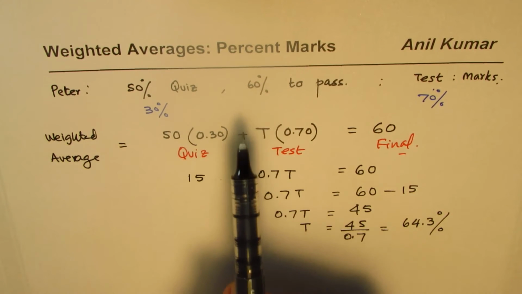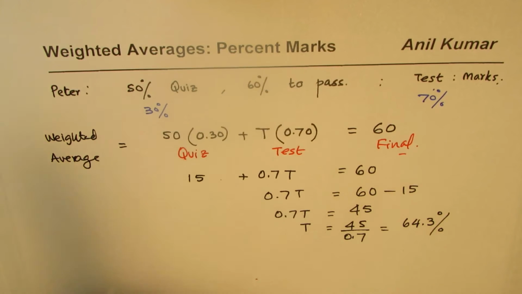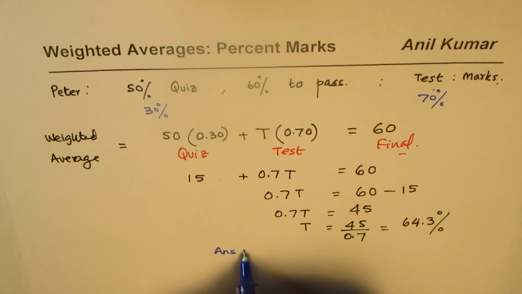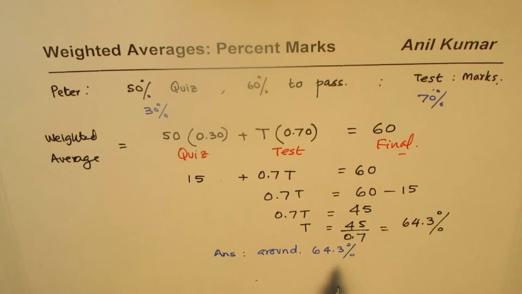Now, to boost the average from 50% to 60%, Peter needs to score 64.3% marks, right? So that is the answer. At least around 64.3%. This is what Peter needs to score to get 60% marks.